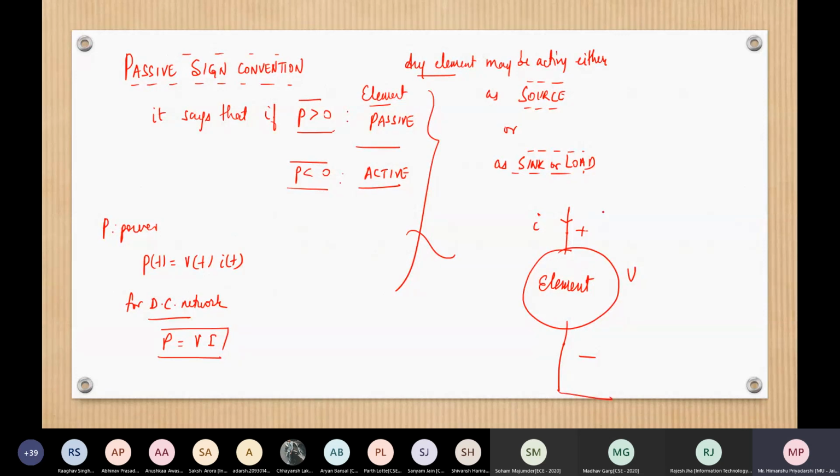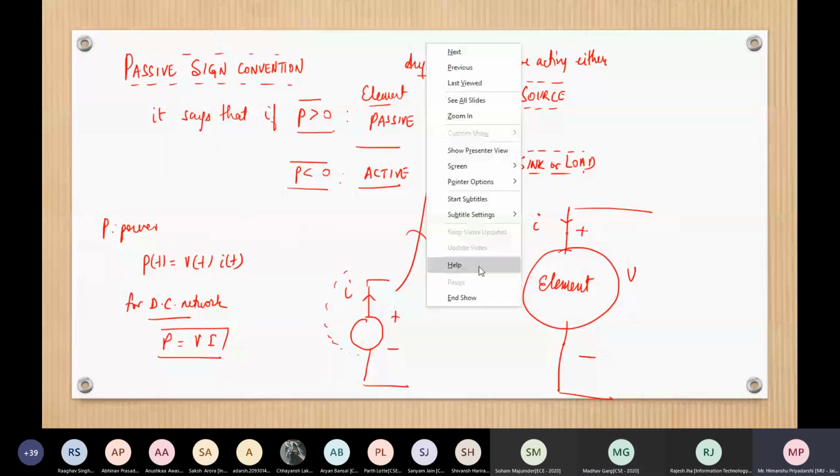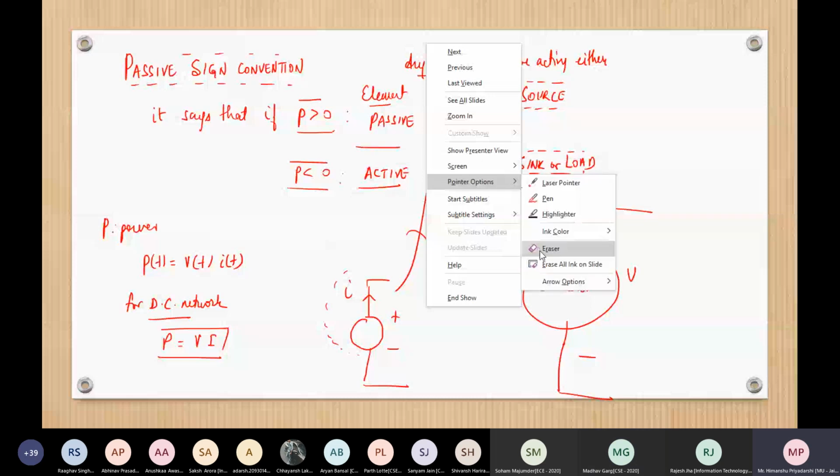So this is your passive sign convention. Active sign convention, how do you draw it? This is active sign convention. Is that clear? What is passive sign convention? What is active sign convention? Yes, sir.